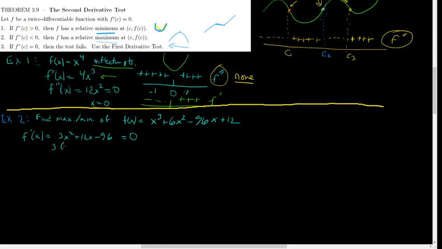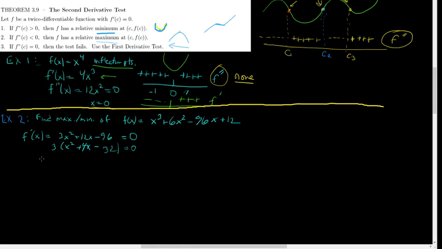So if you factor out the 3, you get x squared plus 4x minus 96 divided by 3, 32. Sorry, my arithmetic is bad. I needed a calculator for that. Hang on, 32. Yep, equals 0.